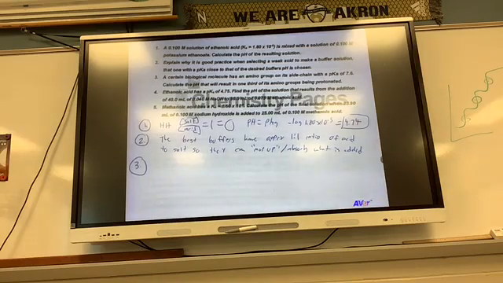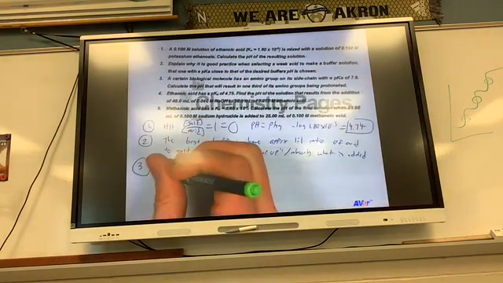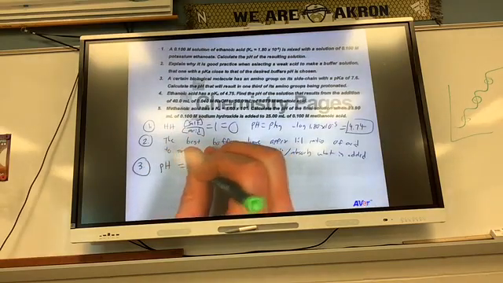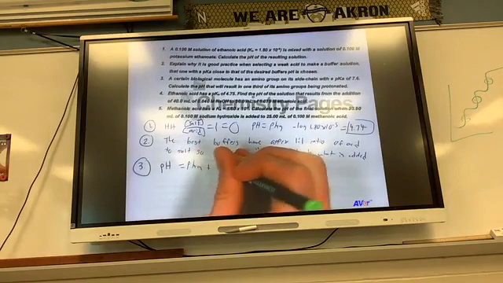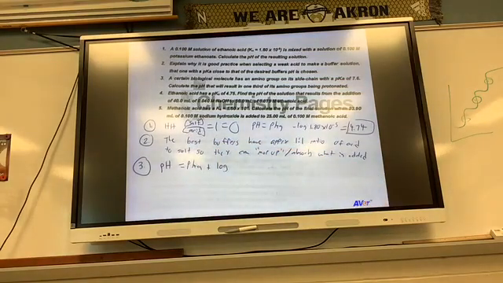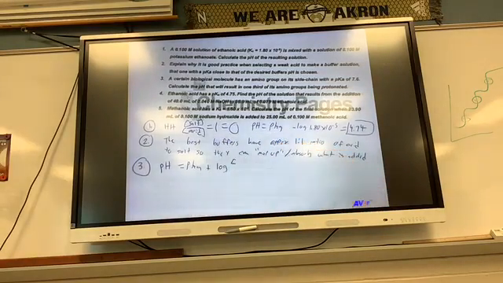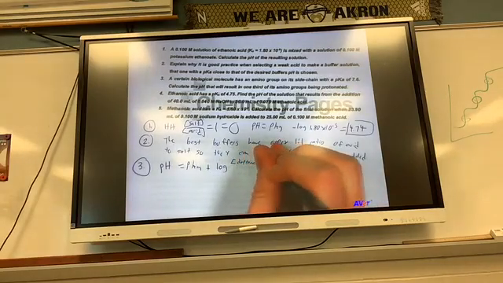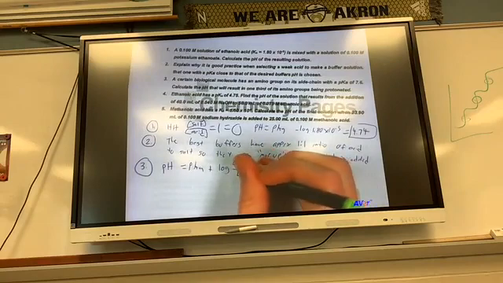Protonated means has protons, before the protons are ripped off. So I know Henderson-Hasselbalch is pH equals pKa plus log. Now, before we write our term here, this is going to be on the top my deprotonated over my protonated.